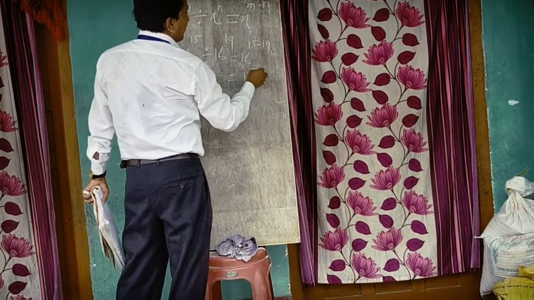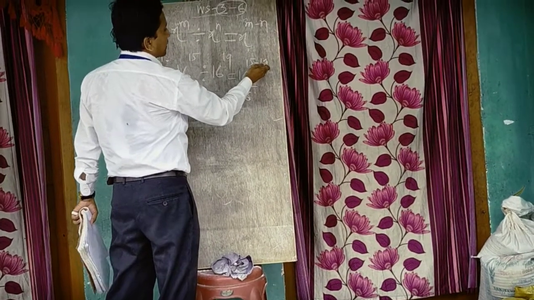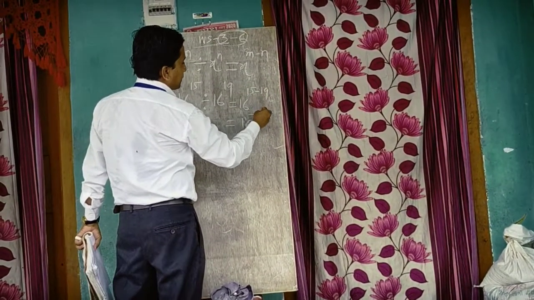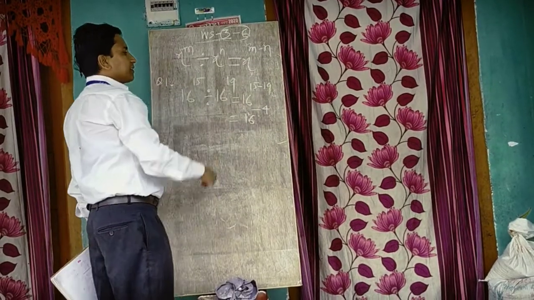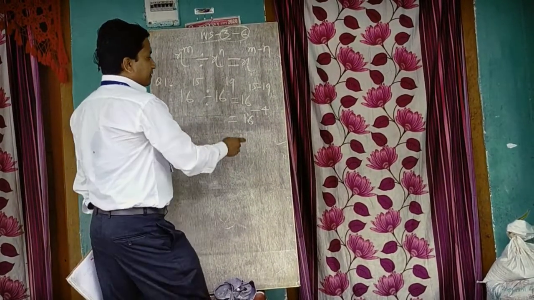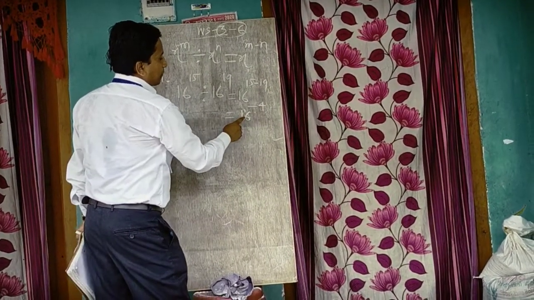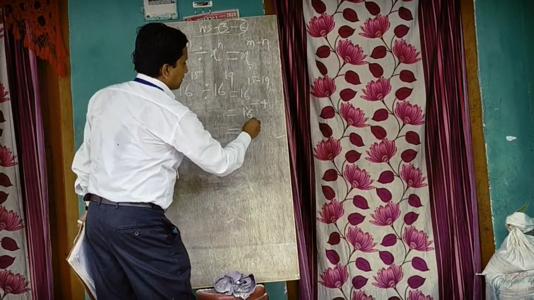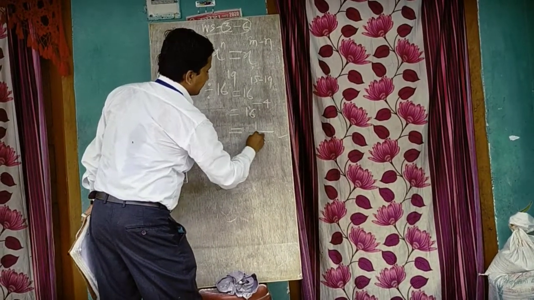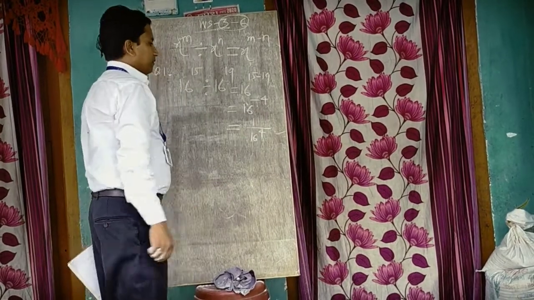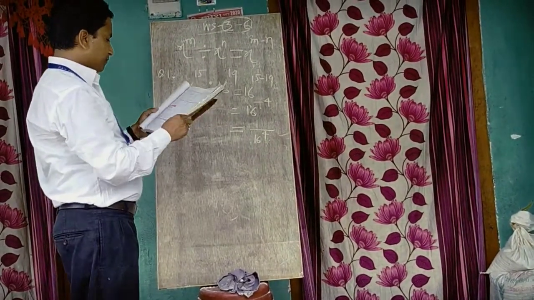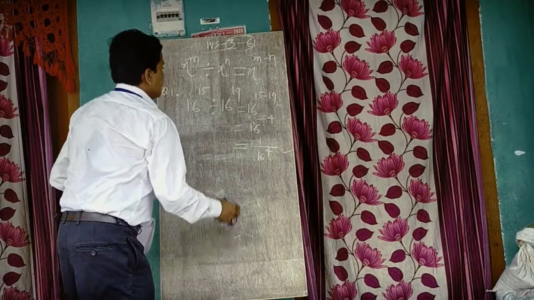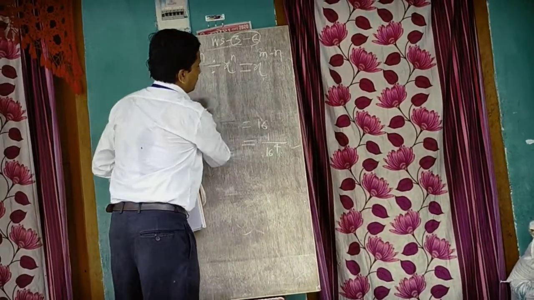Put a minus sign and then subtract the smaller from the bigger number: 19 minus 15 equals 4. You can say it is the reciprocal, so write it as 1 by 16 to the power 4. It is the answer.